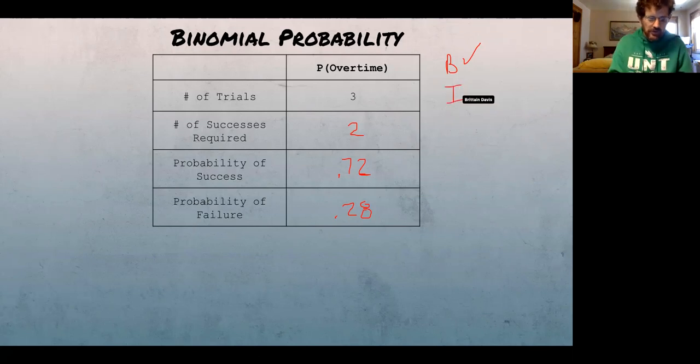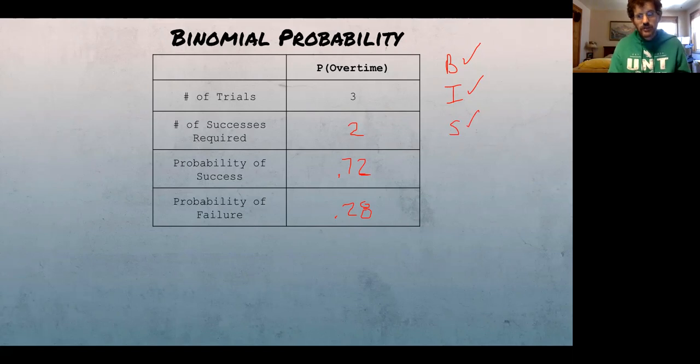So yes, it's independent. And do you have the same probability each time? If you've shot enough free throws, let's say that 72% is your true shooting average, then we can assume every single time you've got the same probability of making it. So it meets all those criteria.